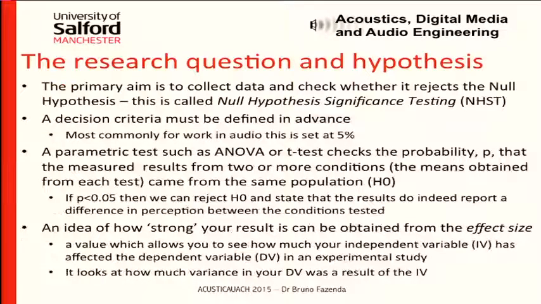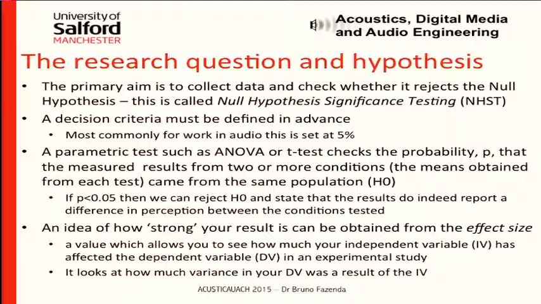Okay? So here's what we do. Our primary aim is to collect the data and check whether it rejects the null hypothesis. We set the criterion at about 5%, and then when we do our analysis, we're going to compare these means. We're going to compare the mean of the people that said WAV files are higher quality to the mean of people that said MP3s are higher quality, and see if there's a difference between them.